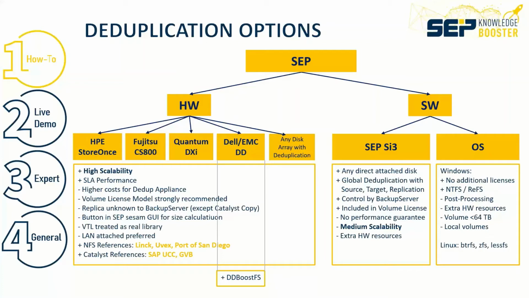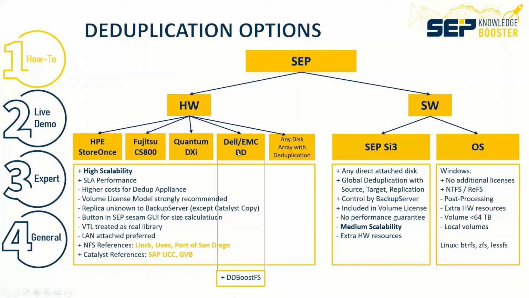But the data is transferred in full size over the wire. With the DD-Boost protocol, you can put the deduplication effort on the backup server or on the RDS and only transfer a reduced amount of data to the dedup appliance.